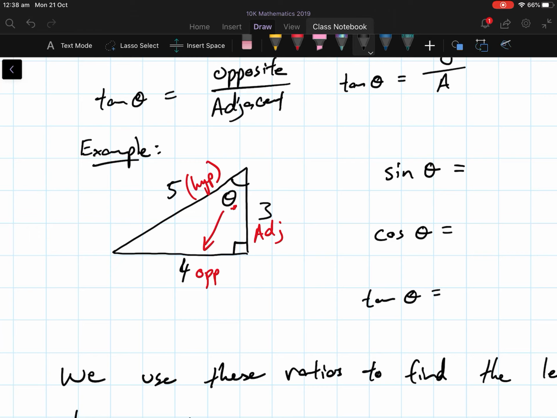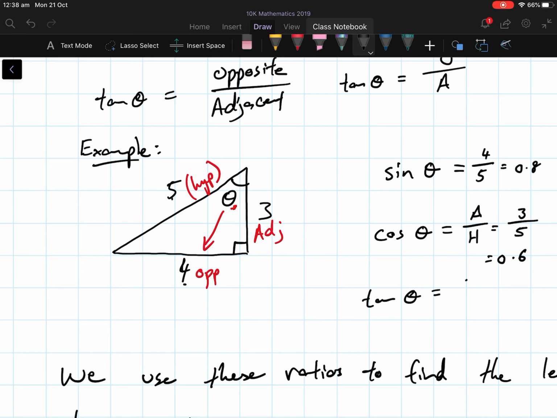So if I was to ask, what's the value for sine theta, cos theta, and tan theta? Sine theta is the opposite side, which is 4, over the hypotenuse, which is 5. So that's going to be 4 over 5, or if it's a decimal, it's 0.8. Cos theta is the adjacent side, A over H, which is equal to 3 over 5, and again it's 0.6 if we're interested in the decimal.